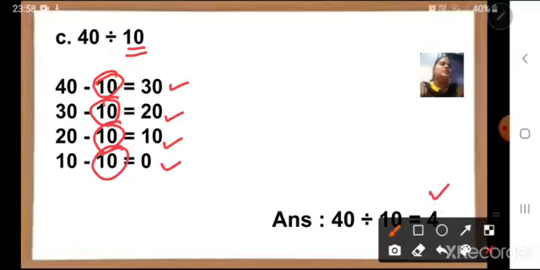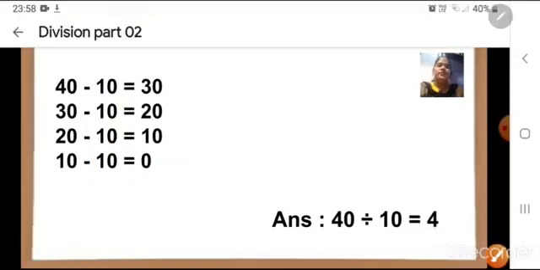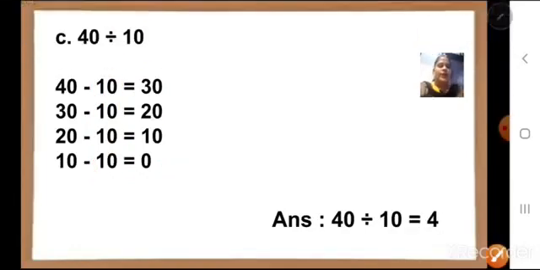So our answer is 4. Okay children, 40 divided by 10 is equal to 4. Copy it in your notebook.